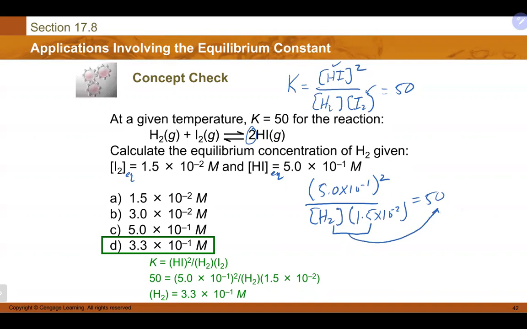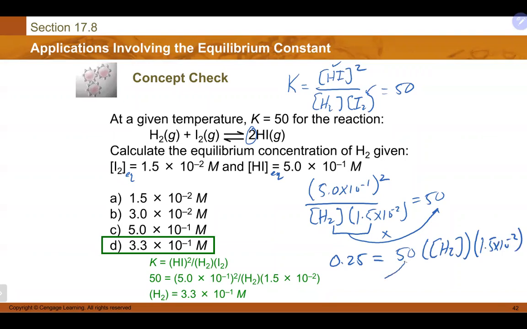When we do that, we will end up with 5 times 10 to the minus 1 squared on the left, 0.25, equals 50 times the H2 concentration times 1.5 times 10 to the minus 2.